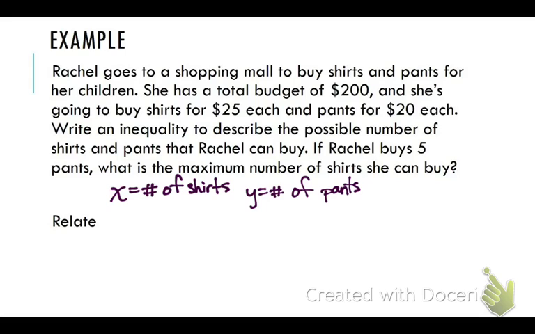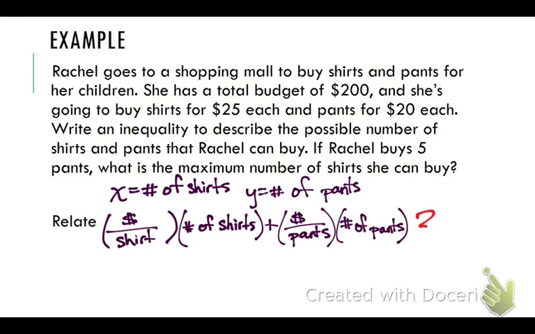Once we have the defined piece, then we're going to have cost times number plus cost times number. And then we have to figure out how this is related to the total budget or the total cost. When we talk about budgets, we're going to have to be less than that, but then again, can we equal 200?